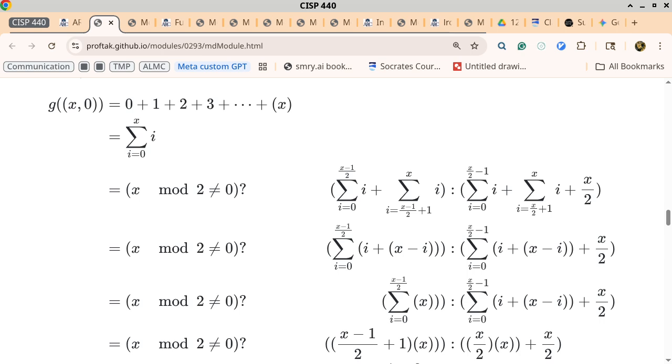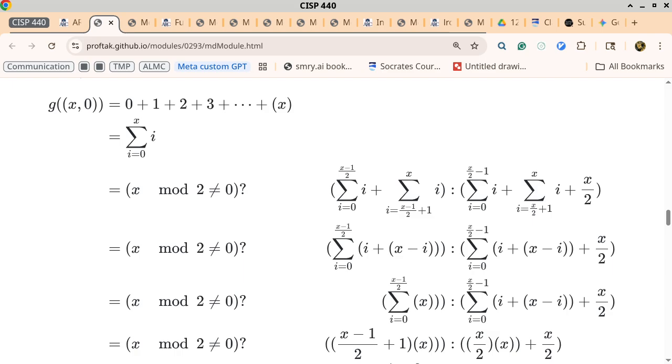So you have 0 plus 1 plus 2 plus 3 plus 4 and then plus 5. That's what we want to compute. And what the formula is saying is treat this part as one sigma, treat this part as the other sigma.